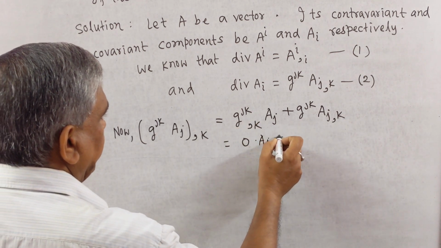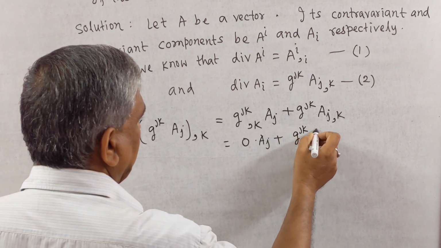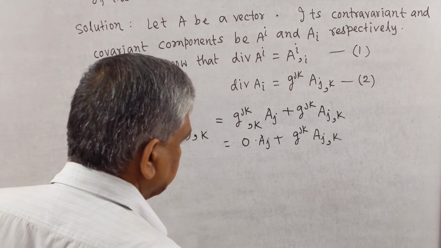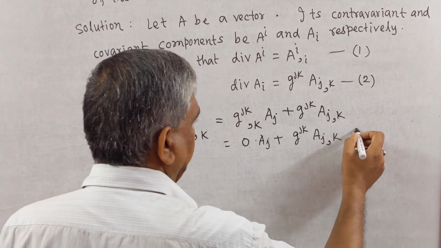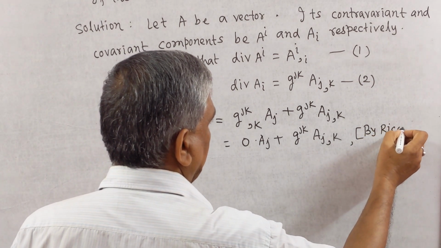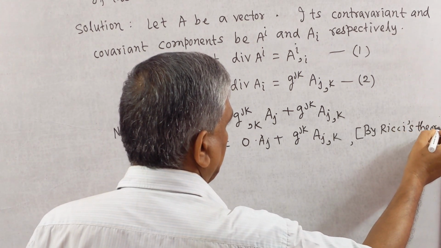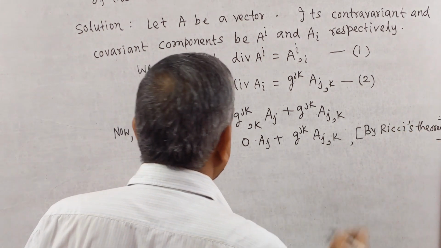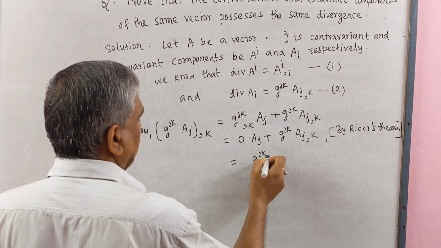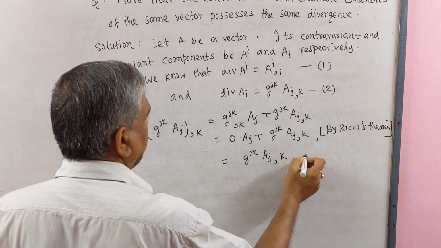So this equals g^jk A_j comma k by Ricci's theorem. This is number 3.